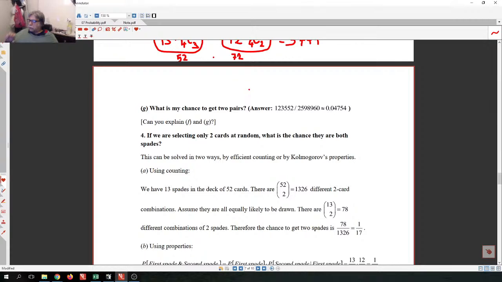Okay? So that's the way to think. So in how many ways can I get two pairs? Two denominations, a pair from the first denomination, a pair from the second denomination, and the fifth card.